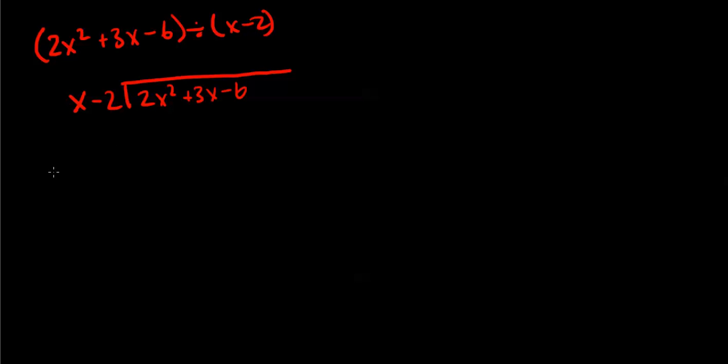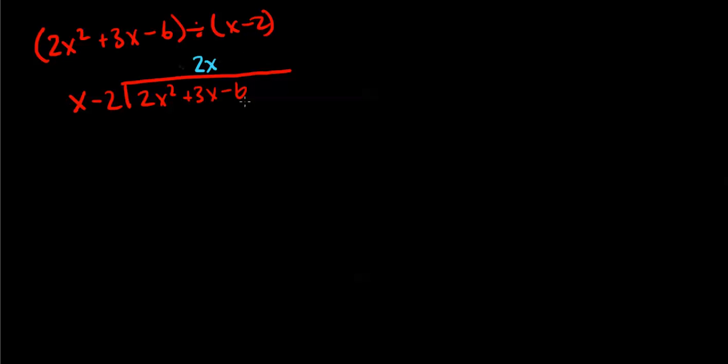Now we want to think of what number times x minus 2 is going to give us 2x squared. So 2x times x is going to give us the 2x squared that we need, but make sure you write it on the next term, not above the 2x squared.